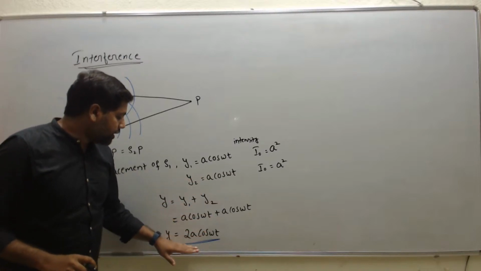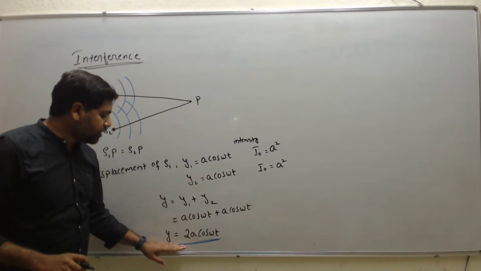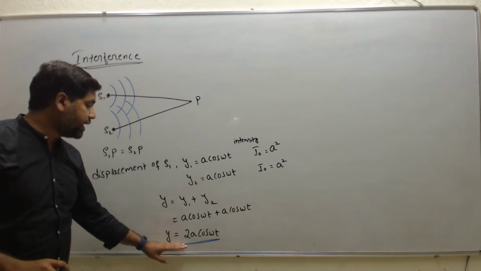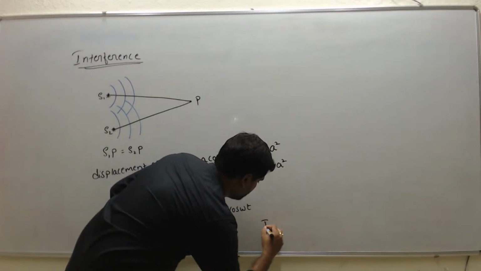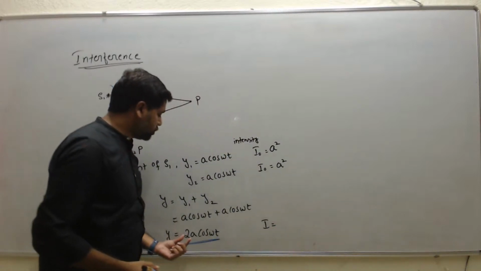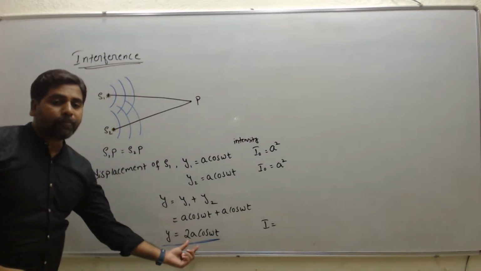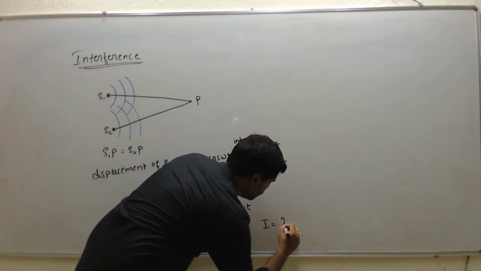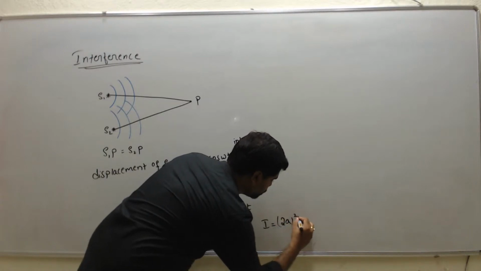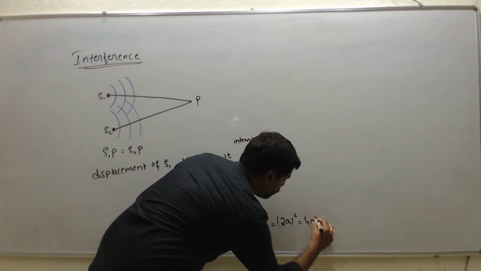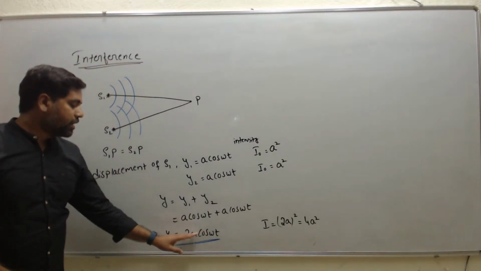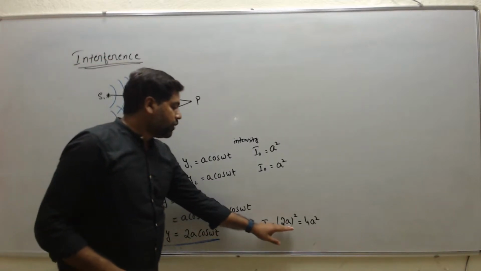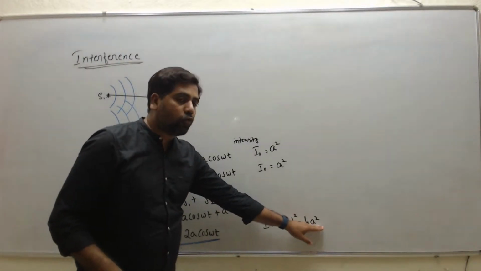So if we write the intensity of the resultant displacement y, then I is equal to the square of the amplitude. Here the amplitude is 2a, then it becomes 2a whole square, which is 4a square, right?